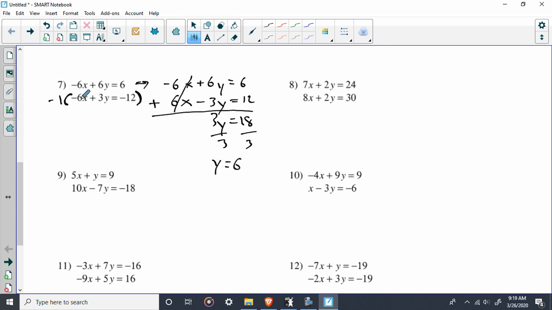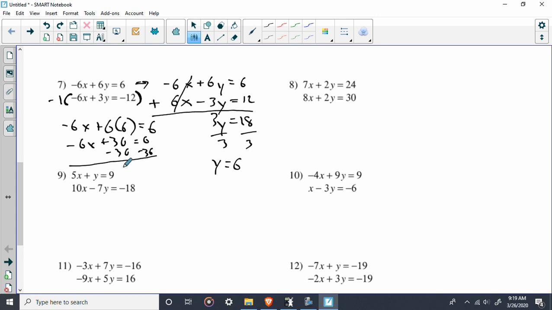Then if we wanted to, we could plug back into either one. So we'll plug back into the first one, -6x plus 6 times, well, y we found out was 6. Lots of sixes. So -6x plus 36 equals 6. We subtract 36 from both sides.